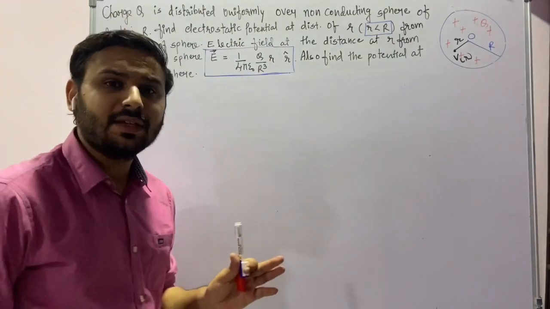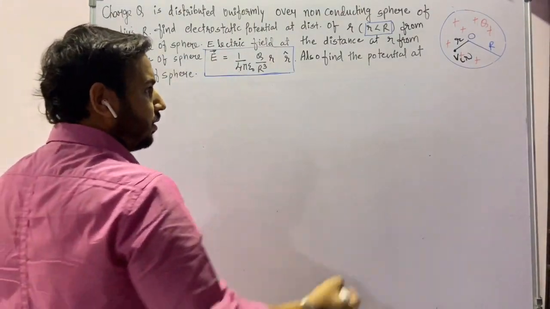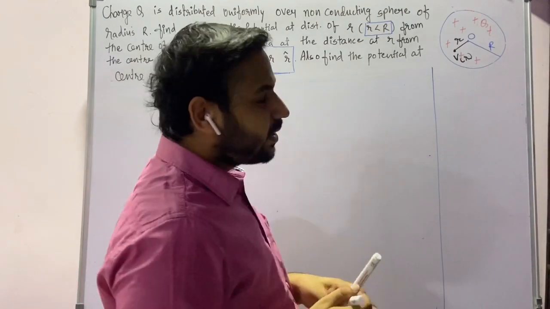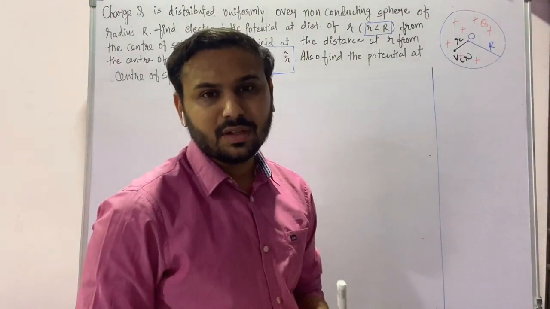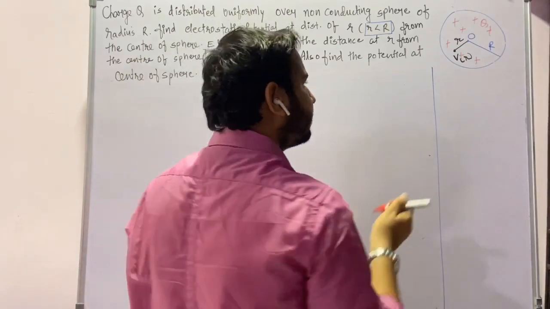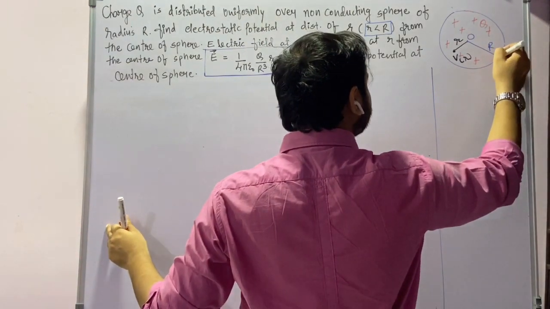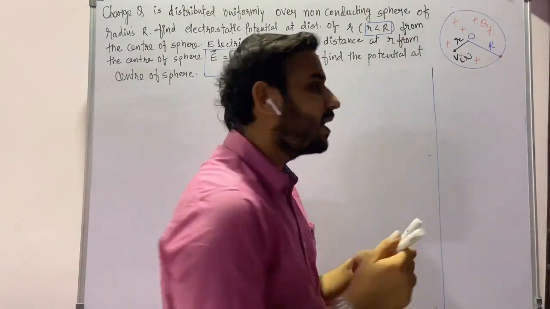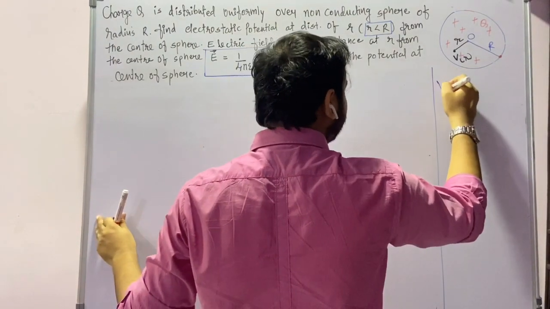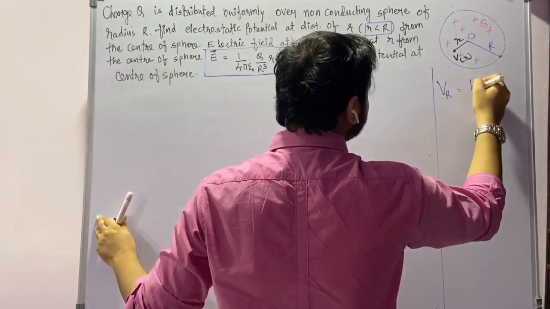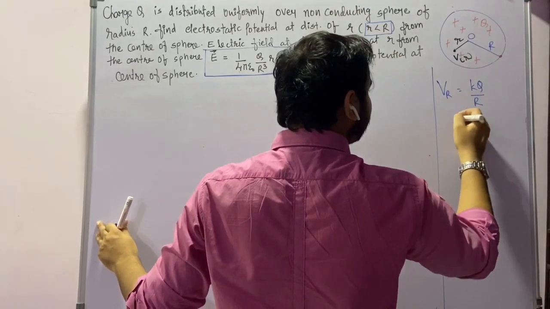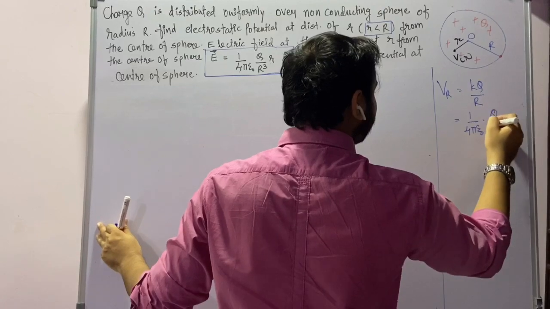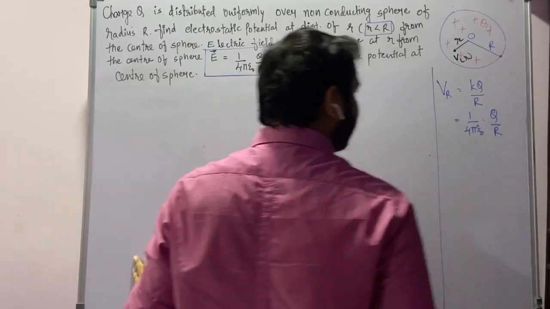Now, before explaining this example, I need to let you know what the electric potential is on the surface, exactly at this point. Let's check what the electrostatic potential is at this point. That is called V of R, which is KQ by R, or you can say 1 upon 4 pi epsilon naught Q by R. Understood?